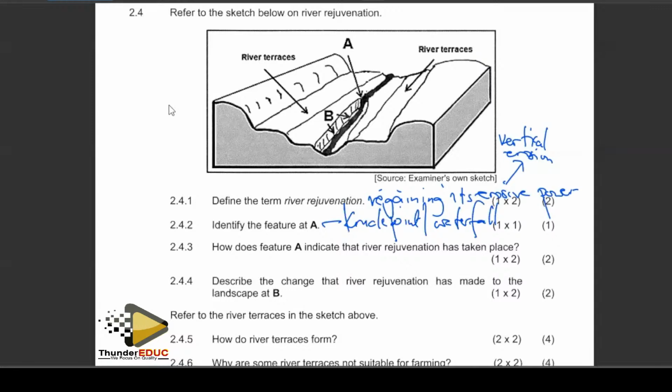Right. This is the old grade of the river. The river was flowing at this level. But now, from this point, the river is flowing at a new level.